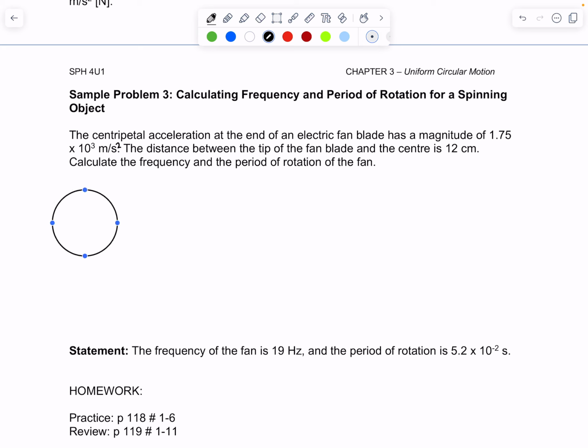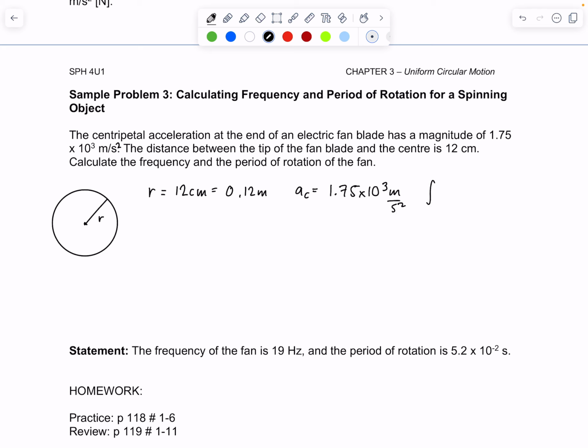So we have the distance from the center to the tip of the fan blade, which is the radius, and is 12 centimeters, which is 0.12 meters. We have the centripetal acceleration, which is 1.75 times 10 to the power of 3 meters per second squared.